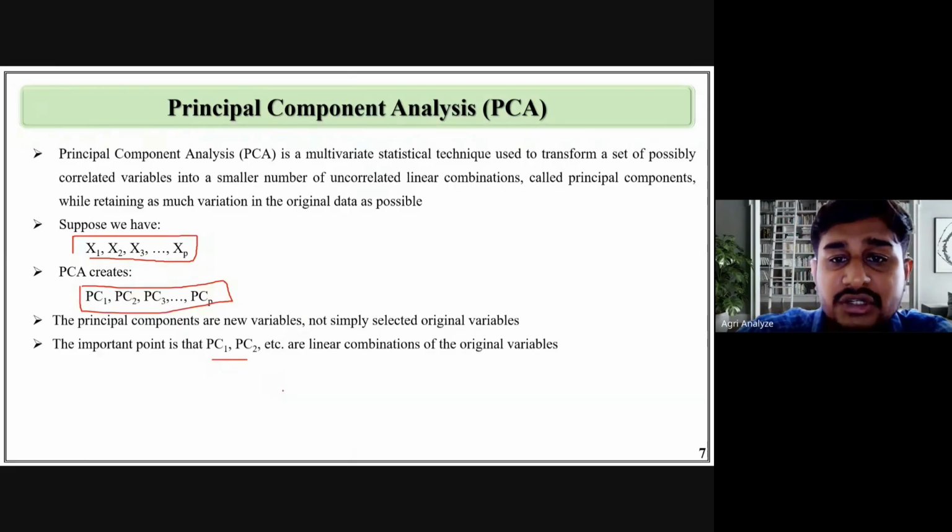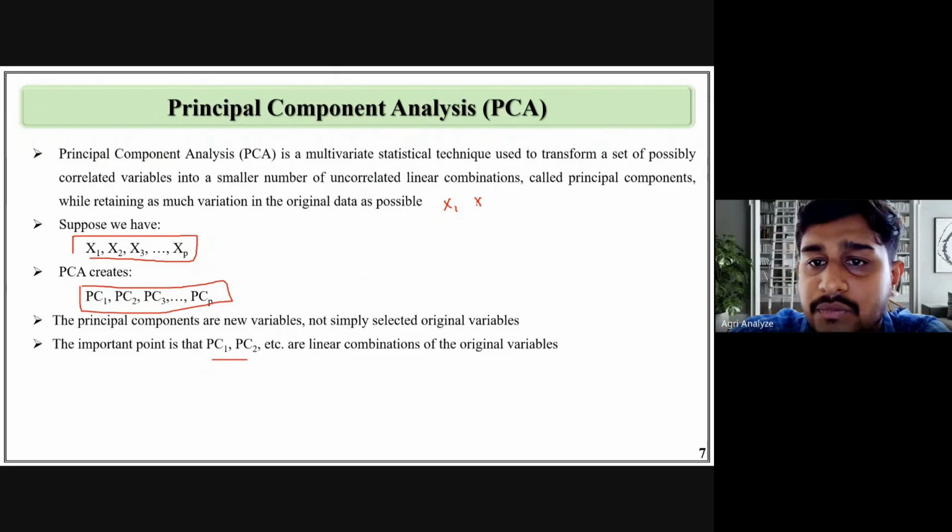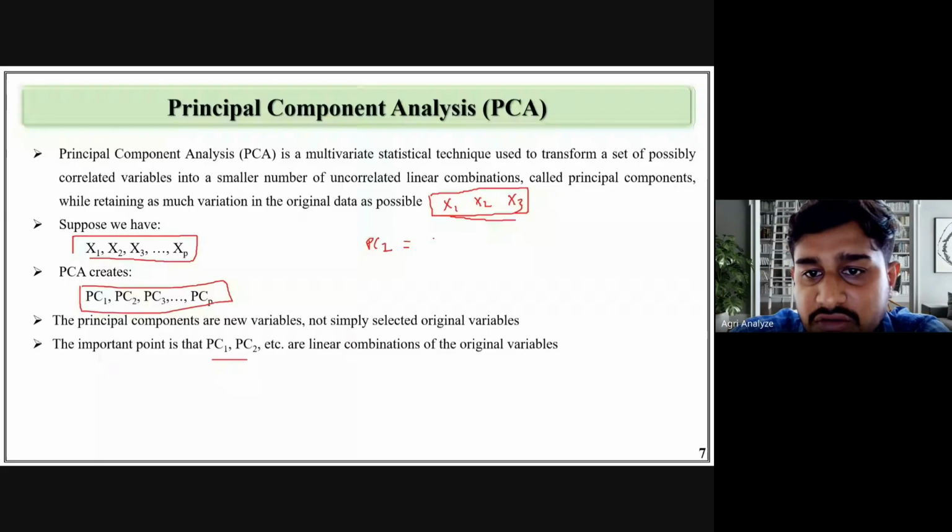Why linear combination? See, here we have x1, x2, and x3. Here I show only 3 variables. So PC1 is the linear combination of these 3 variables. PC1 is equal to A11 x1 plus A12 x2 plus A13 x3. So this is the linear combination of our variables.